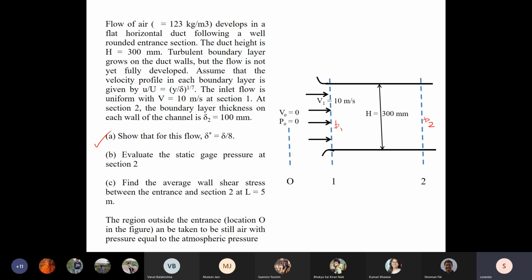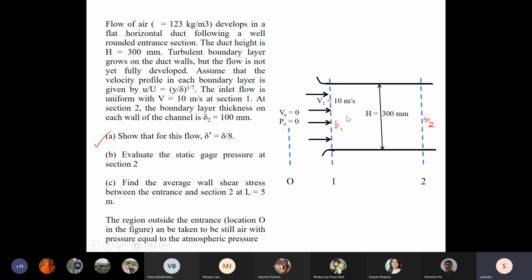The way to do that is to make a balance. So I am going to make a momentum balance using a control volume which is half the height of this. The other half would simply be identical. So we will take half the height and find out the convective momentum that comes in and the convective momentum that goes out.